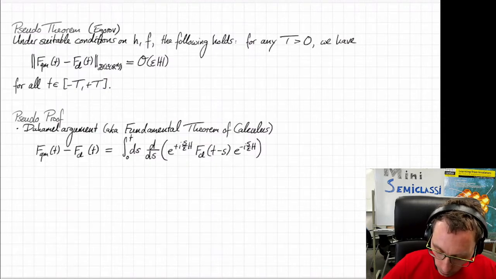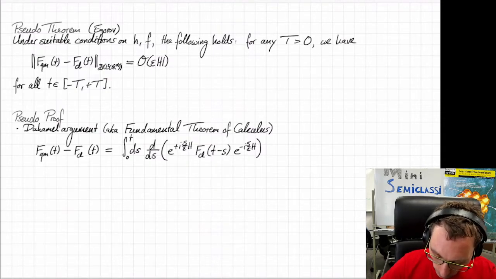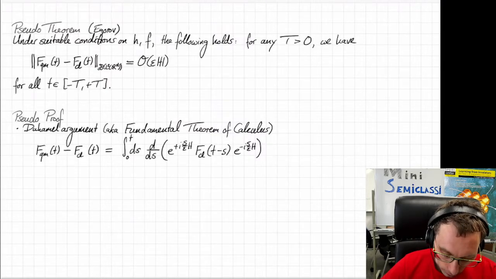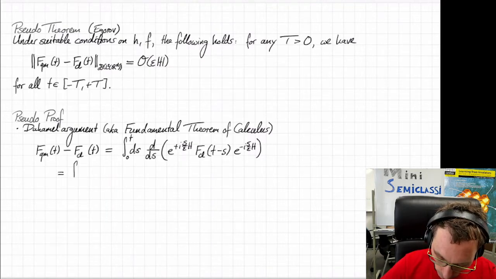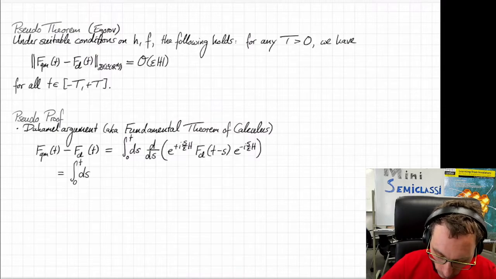And just like that, we've rewritten this difference as the integral of a derivative. And now what we can do is we can simply evaluate the time derivative, and then integrate, and then estimate the expression that we obtain.